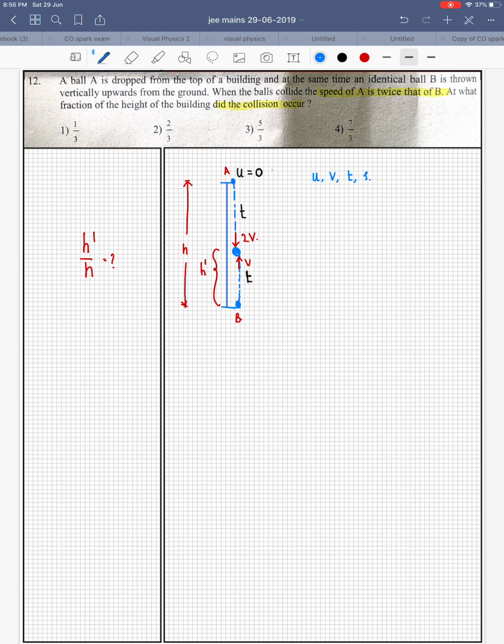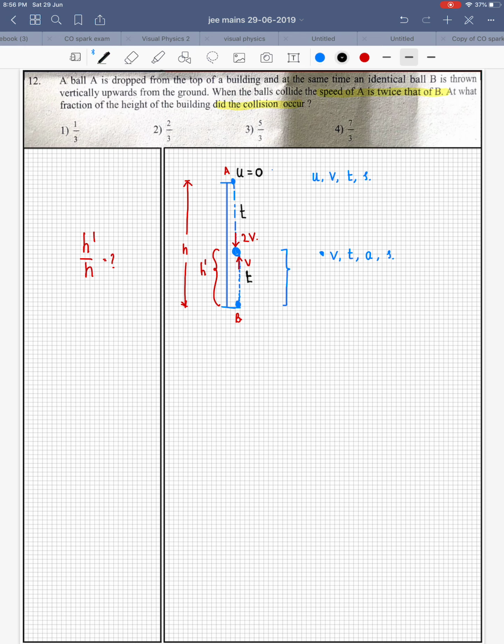So let me take this as s. In this interval, I have the final velocity, I have time t, I have acceleration, and I want s. Because he's asking the fraction of height, that is why I went with this.